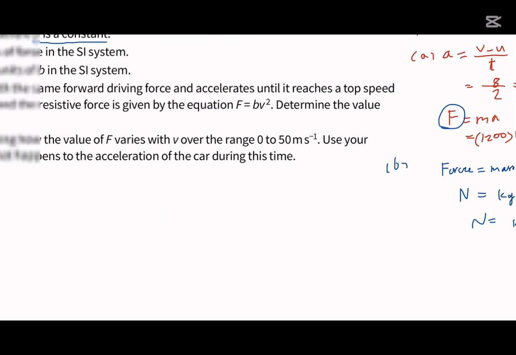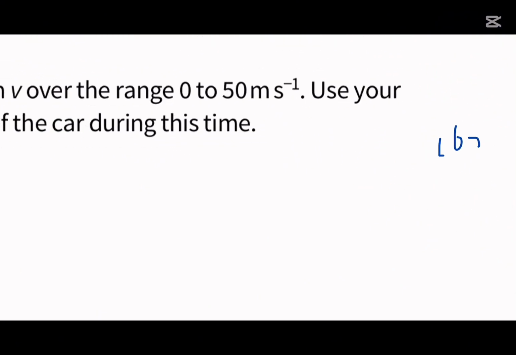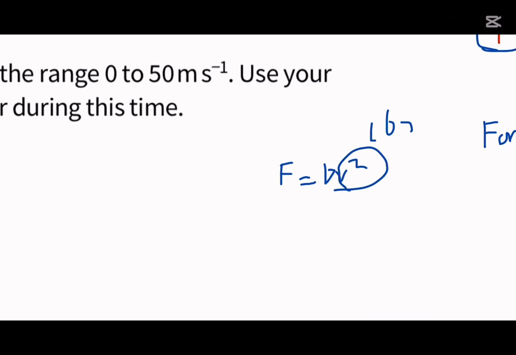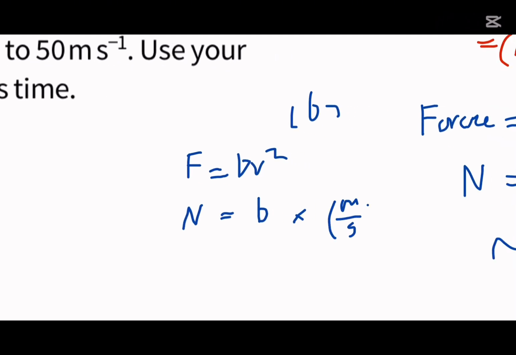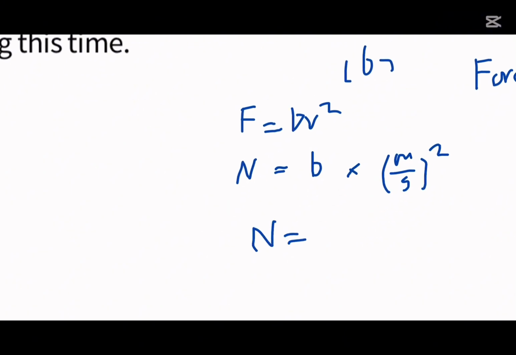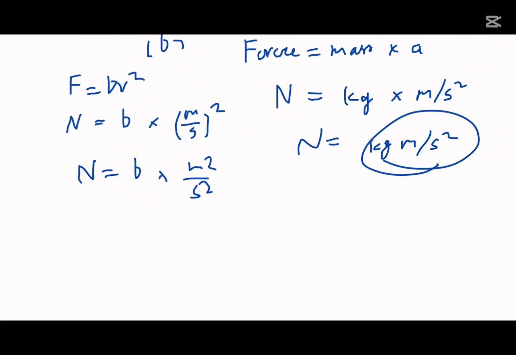So right here, this is the resistive friction force. F equals b v squared. v is in meters per second, and v squared is meters squared per second squared. So the newton equals, we don't know what b is right now, times meters squared per second squared.